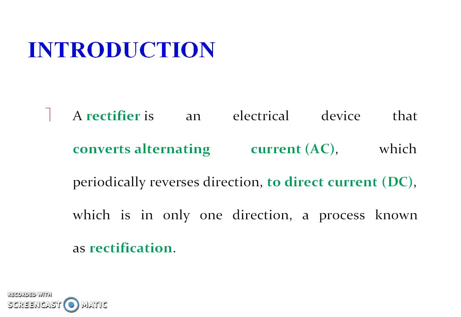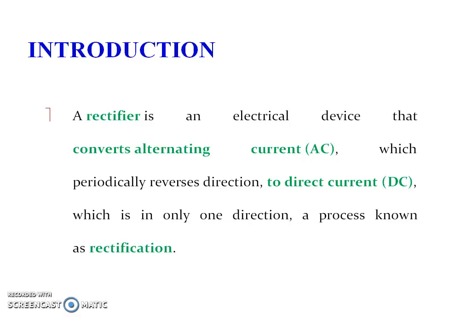So what does a rectifier actually do? That's what we are going to see now. So we know that the supply that we are getting is the alternating current AC power supply. So now what the rectifier is actually doing is it is converting the AC into DC. So a rectifier is an electrical device that converts alternating current, which periodically reverses direction, to direct current, which is in only one direction.